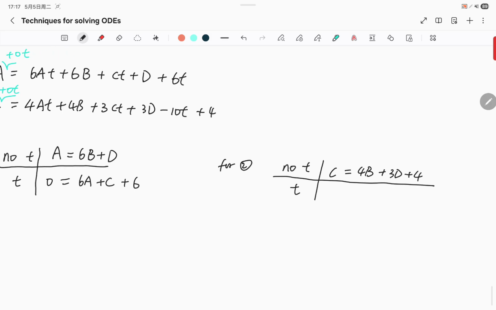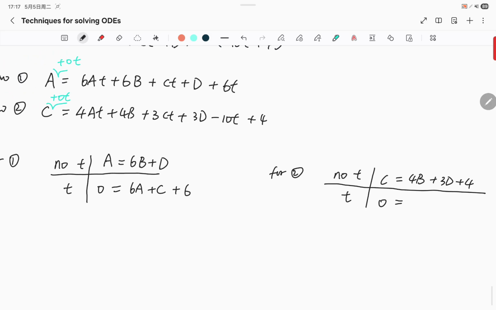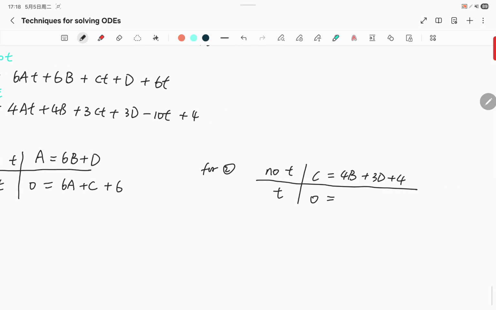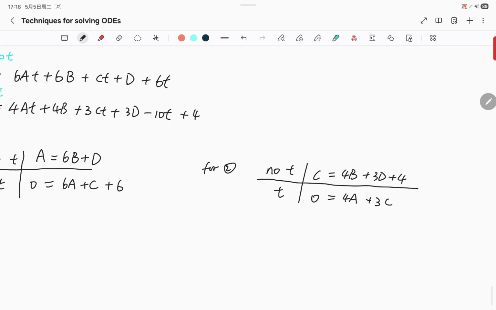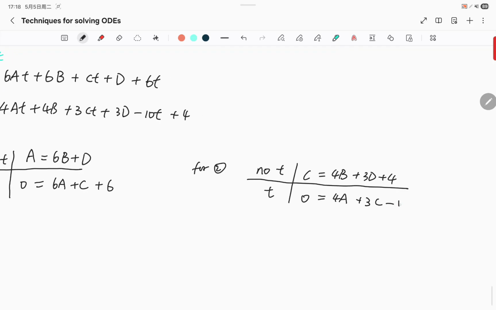And with t, we have 0 because this is 0t, so 0 is equal to 4a plus 3c minus 10.